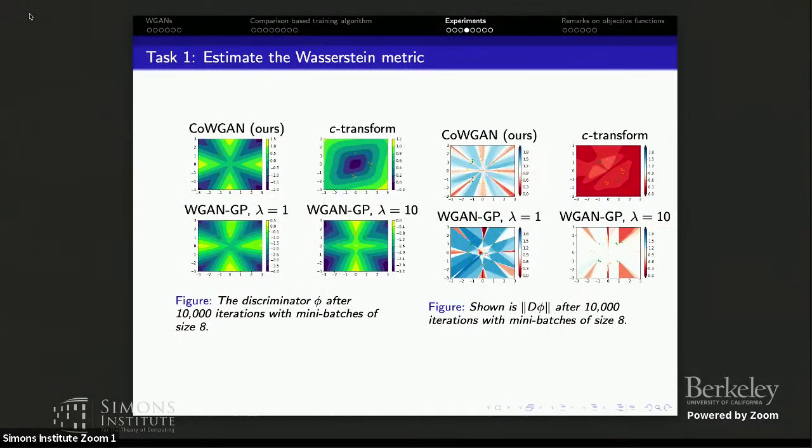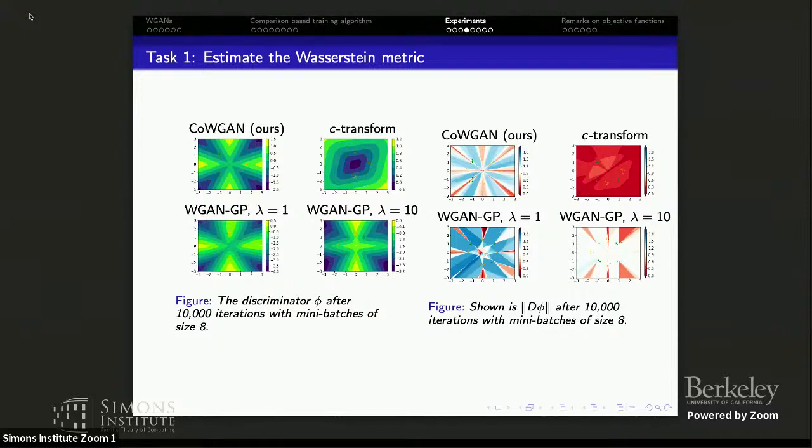And another interesting part here is what happens when we only consider a small number of points. So we solved exactly the same problem, but with mini batch size 8. We use the 2,000 mixtures. And then you can see that in our algorithm, we can also compute the Kantorovich potential accurately.